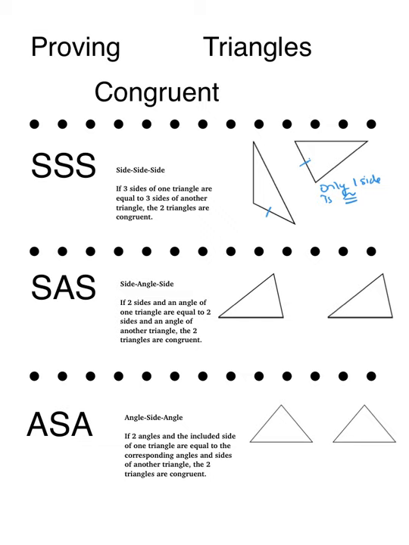Now let's look at side, angle, side. If two sides and an angle of one triangle are equal to two sides and an angle, then the triangles are congruent. And let me give you something. The angle must be between the sides.